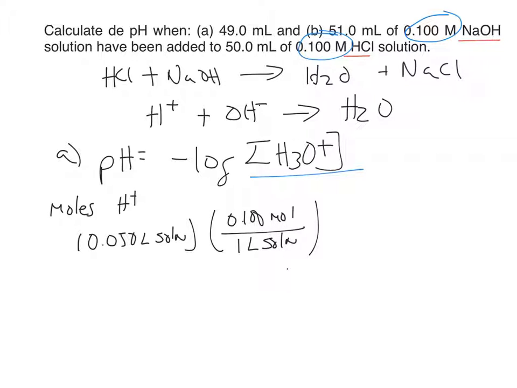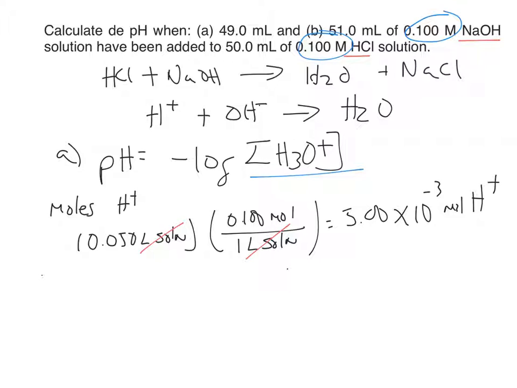And by this we can cancel the units of liter of solution, and this will be equal to 5.00 times 10 to the minus 3. These are the moles of H positive that we add.